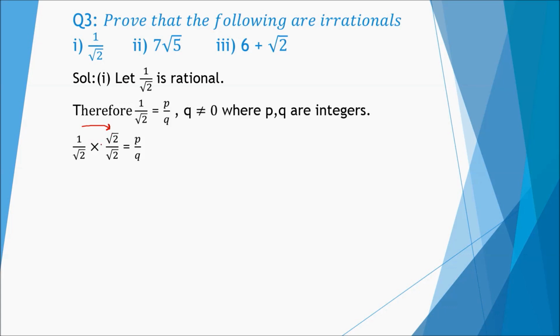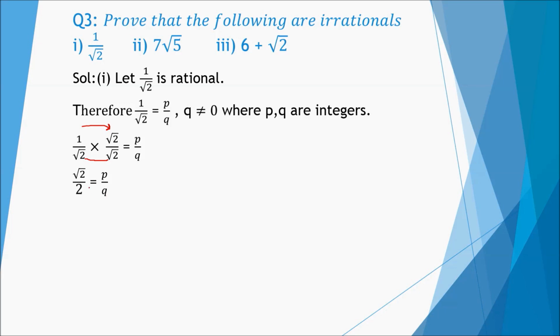So by rationalizing 1 over square root 2, we will get root 2 over 2, because root 2 multiplied by root 2 is equal to 2. So it will be equal to square root of 2 divided by 2 is equal to p divided by q.